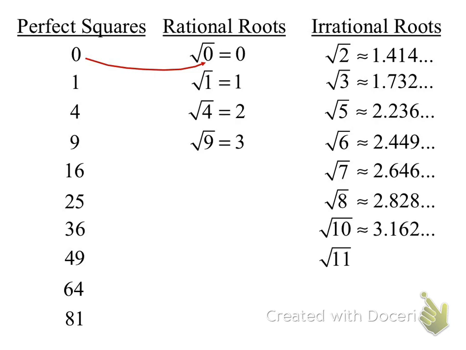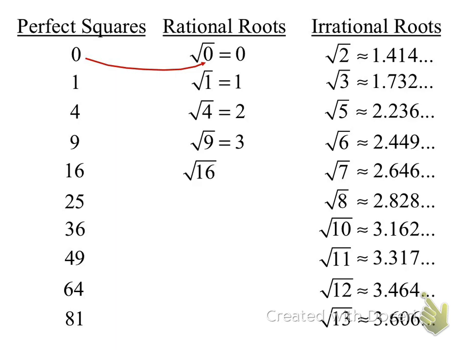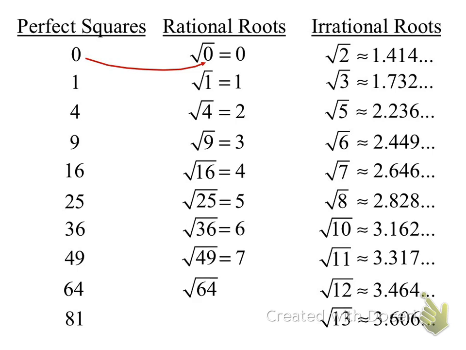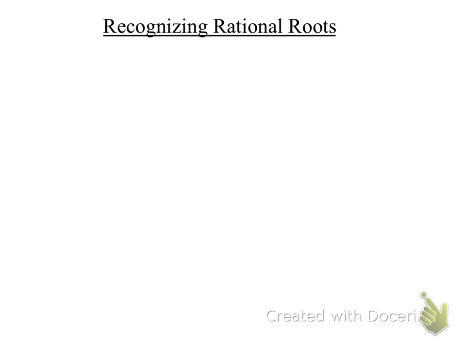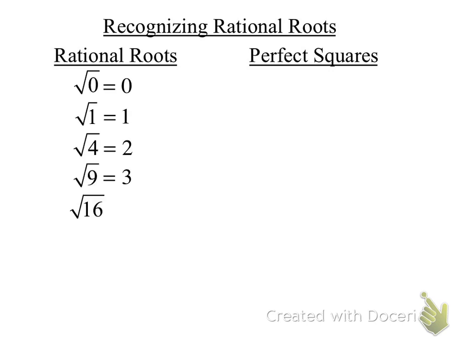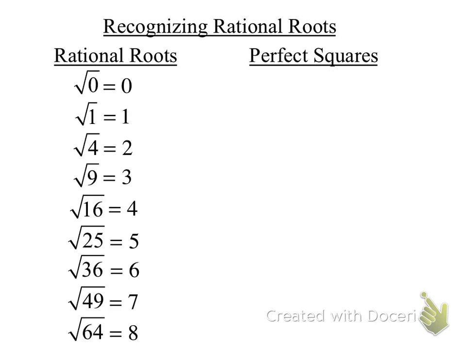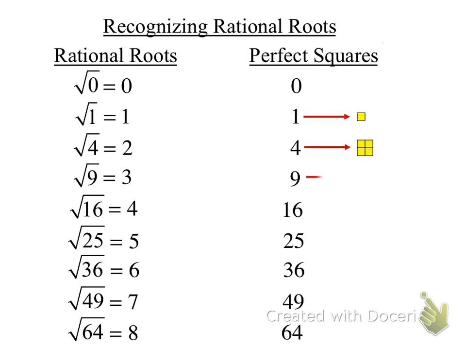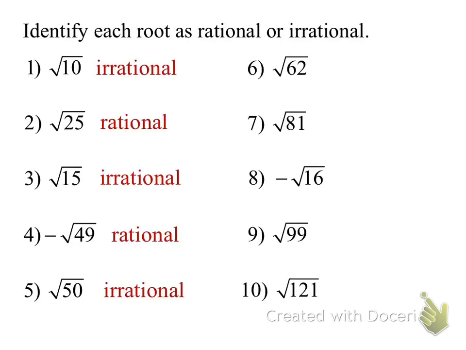Square root of 12, what's the next rational root? 16. Yep. You get the idea? Okay. So let's identify our rational versus irrational roots. I think that our rational roots are all perfect squares.